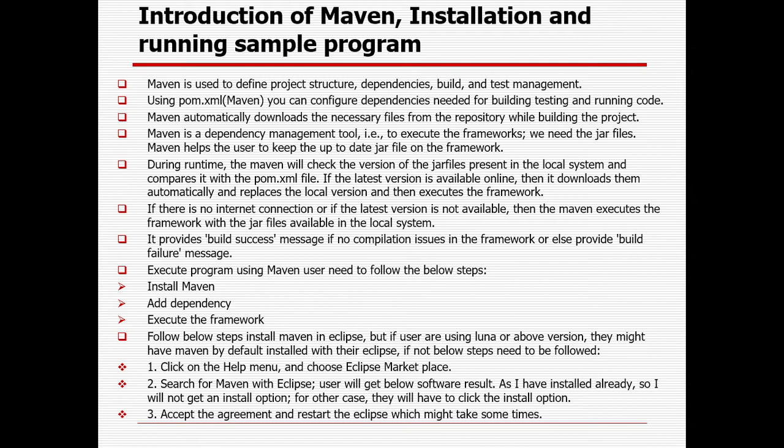But the problem is that sometimes you have already downloaded and added, say, Selenium version 3.6, 3.7, 3.12, and later it has been changed to 4.1. Then when you run your project, it will not run because the jar files have changed. So you need to remove those files and add them again in your project.